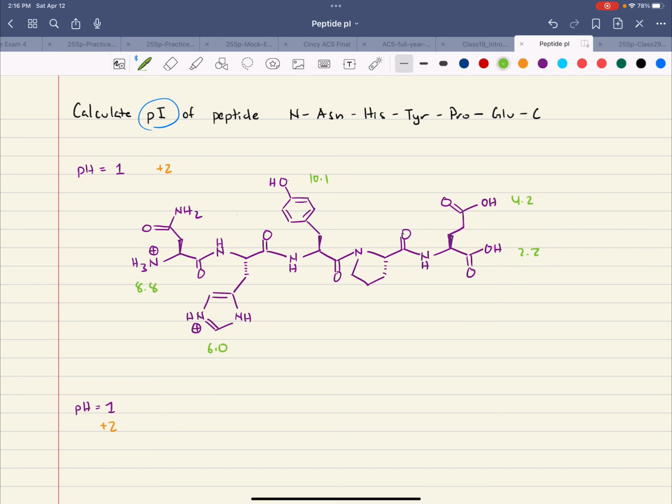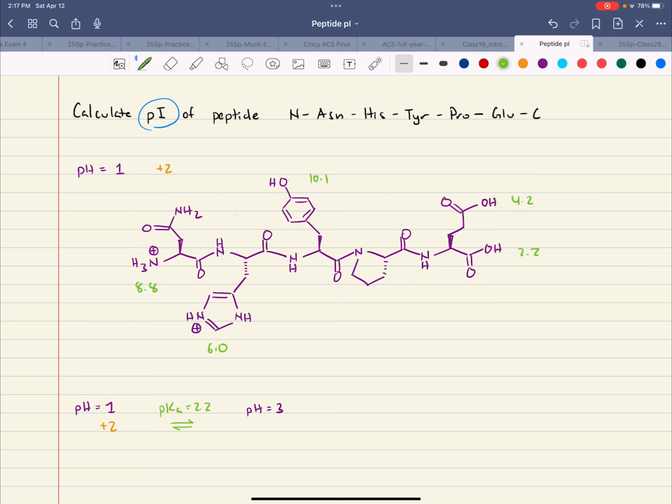And so here is pKa 2.2. We cross over it to get to a pH above 2.2. We will randomly choose pH equal to 3, but it has to be less than any of these other pKa's. It has to be less than 4.2, which is the next pKa.